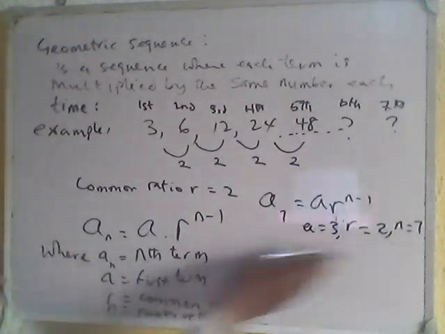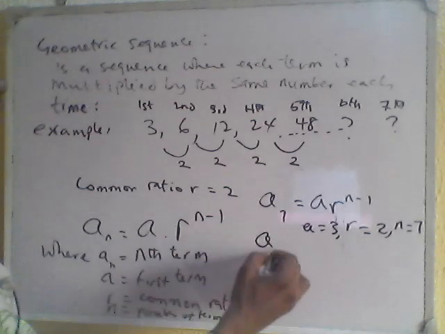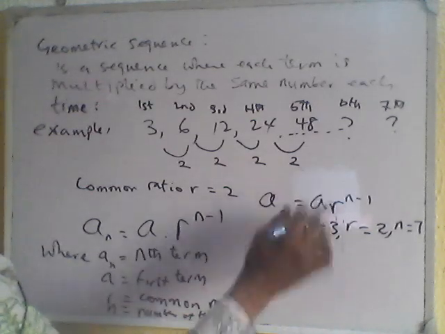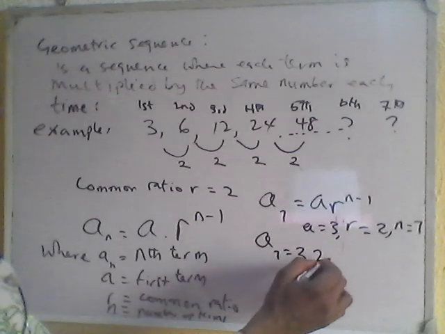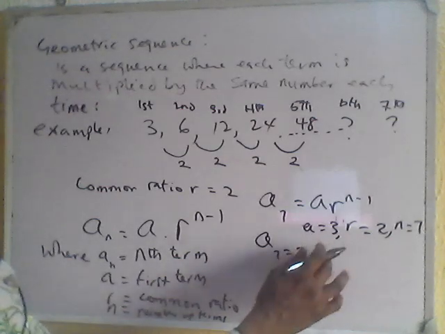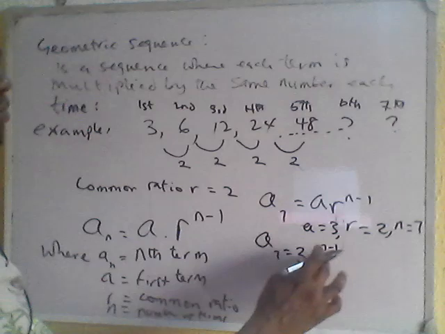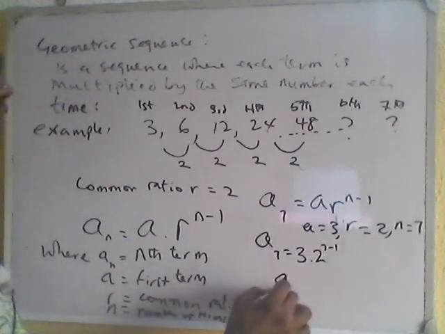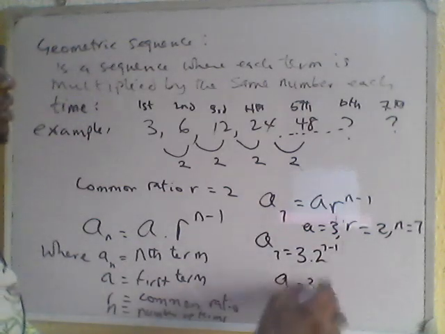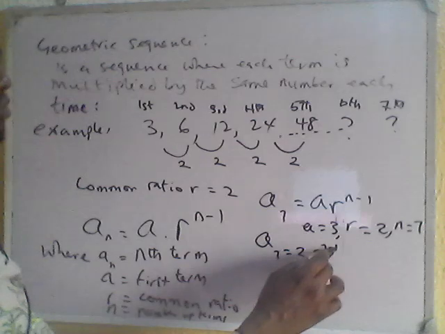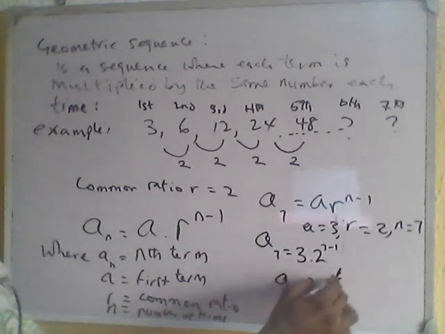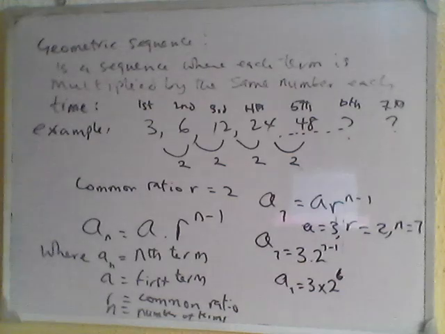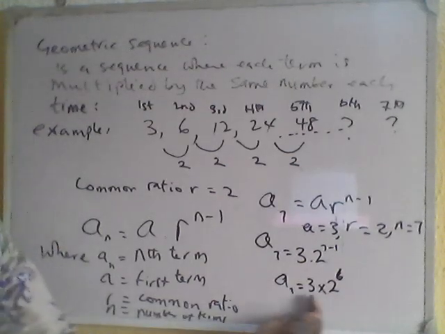So I'll just put all this inside this formula. a7 is equal to a, which is 3, times r, which is 2, raised to the power 7 minus 1. So a7 is equal to 3 times 2 raised to the power 6, since 7 minus 1 is 6. So I'm going to multiply 2 in 6 places and multiply by 3.